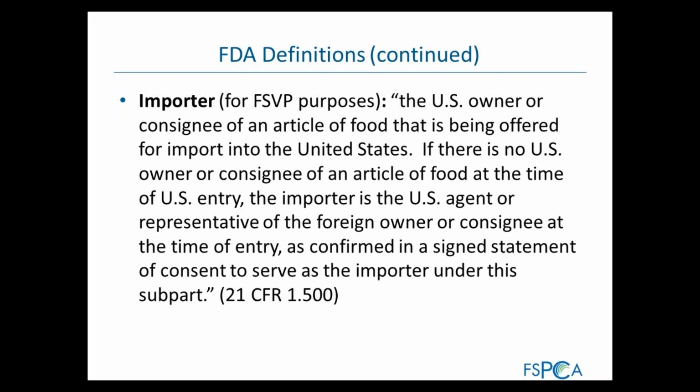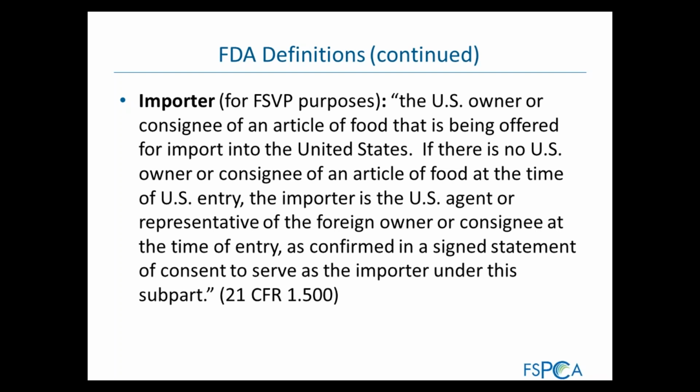There is now a new identifier within the Customs and Border Protection system called an importer for FSVP purposes, and that is the U.S. owner or consignee of an article of food that's being offered for import into the United States.